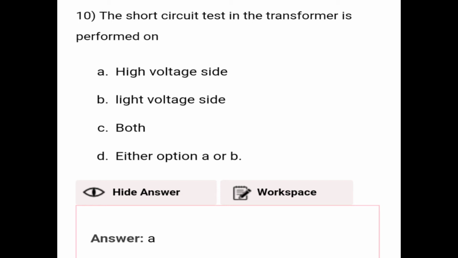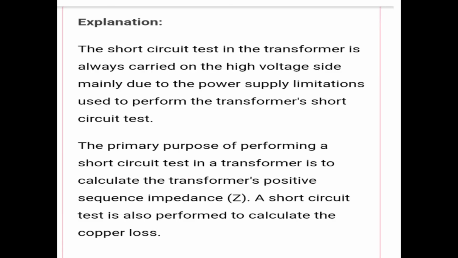Next is: the short circuit test in the transformer is performed on which side? It is a very important question. The correct answer is option A, that is the high voltage side. Remember, it is always on the high voltage side. Explanation: the short circuit test in the transformer is always carried out on the high voltage side, mainly due to the power supply limitations used to perform the test.